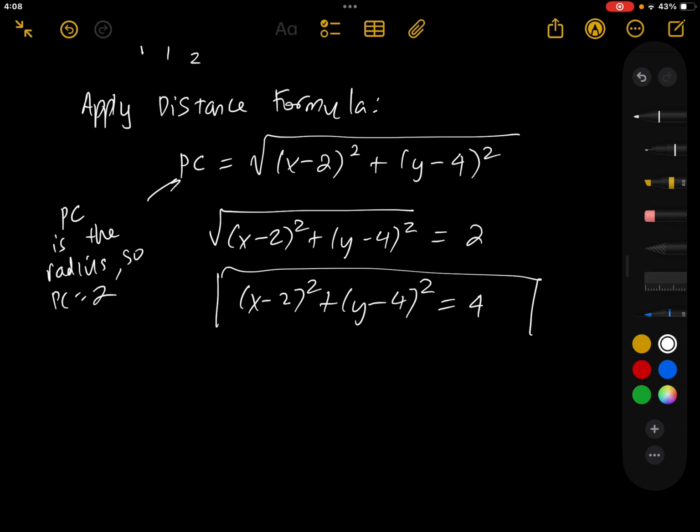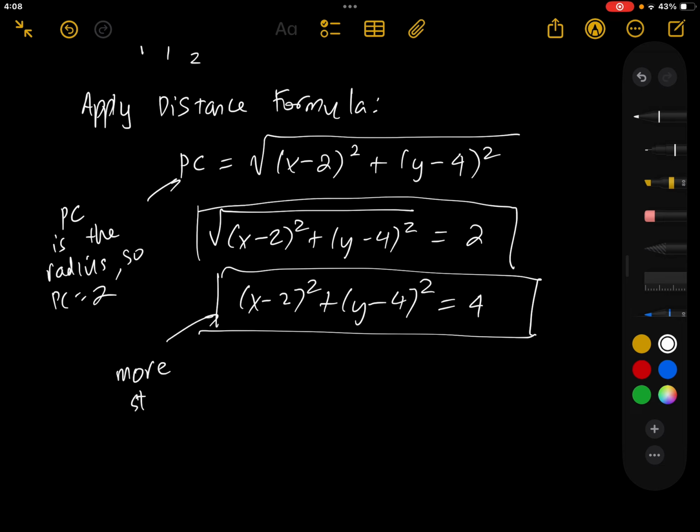So that's a more standard way of writing the equation. Both of these are acceptable, but this one is the more standard way of writing the equation without the square root. We'll talk more about different ways of writing equations of circles later.